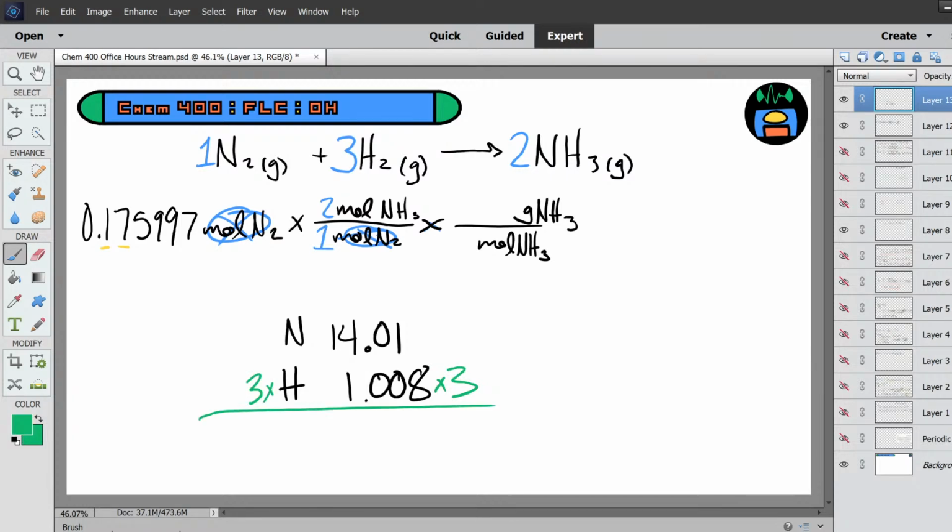So crunching these numbers, 1.008 times 3 plus 14.01 gives us an atomic mass of 17.034. Our last significant digit has to be in the second decimal place. We're going to use the whole number without rounding, but I'm going to put that mark there to remind myself that that is the last sig fig in the number.